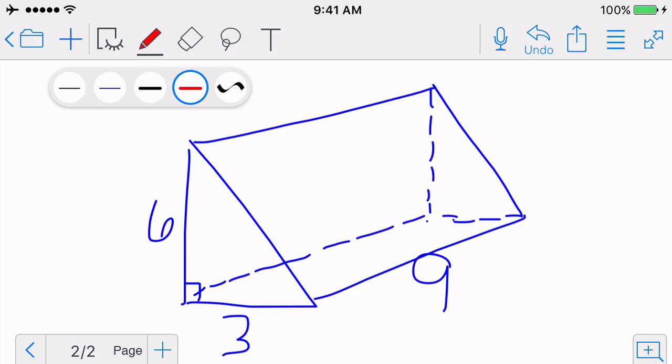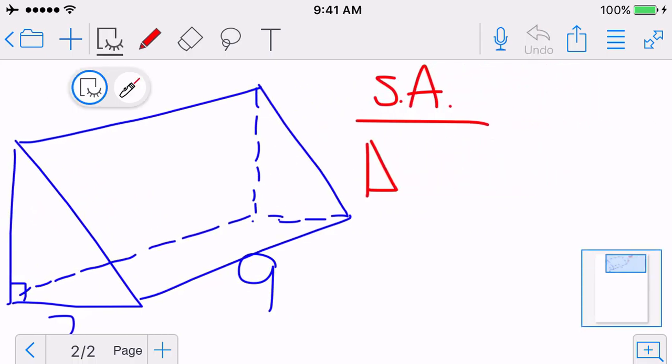So 3 and 6, we can use those to find the area of our base. So the triangles here, or our bases, let's go ahead and do surface area first. So our triangles here, we know that they are 6 and 3.